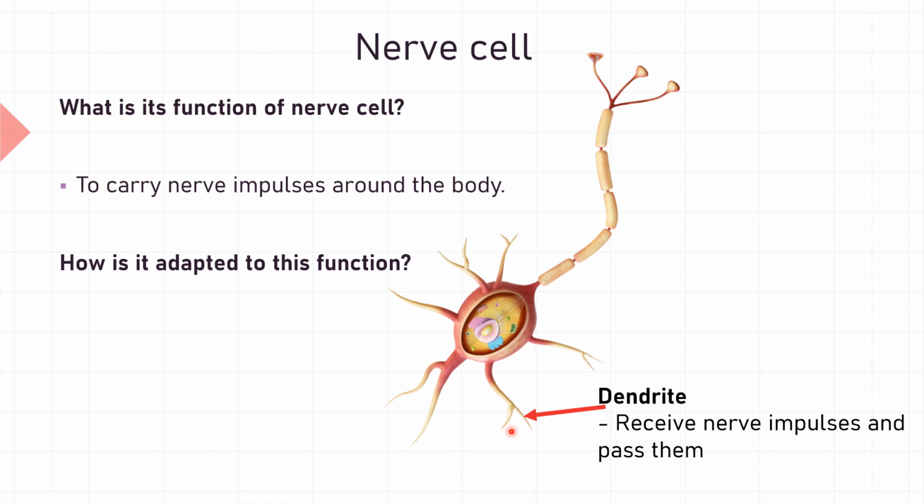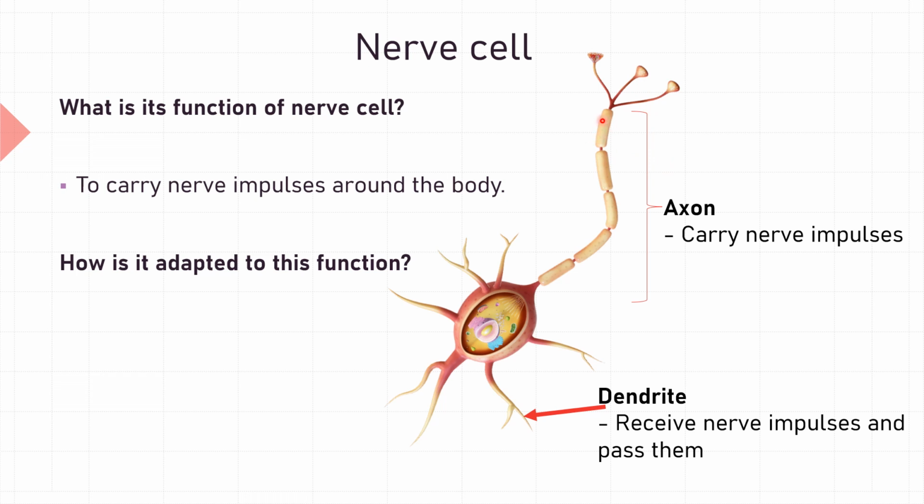One more time, dendrites are collecting or receiving the nerve impulses sent from another cell. Then this impulse needs to go through the axon. The axon carries nerve impulses further.